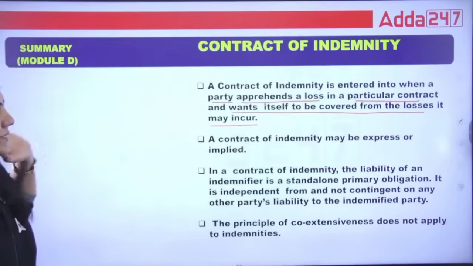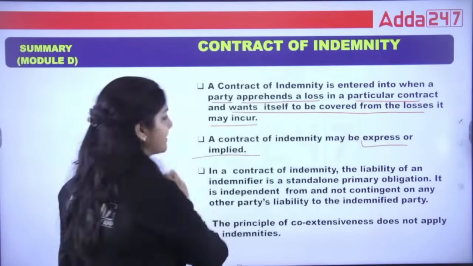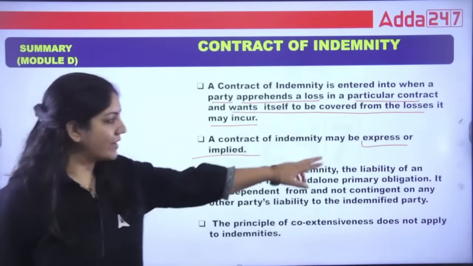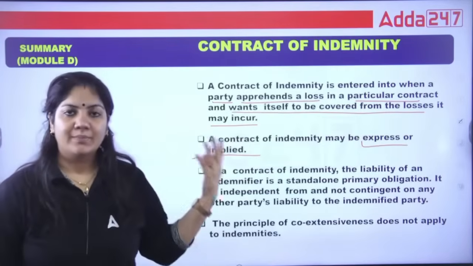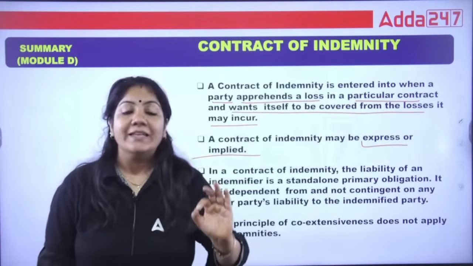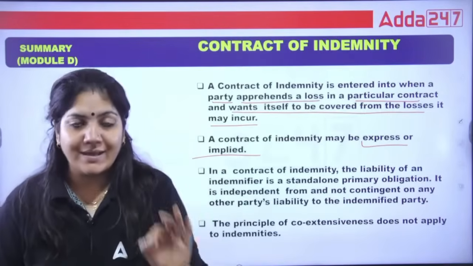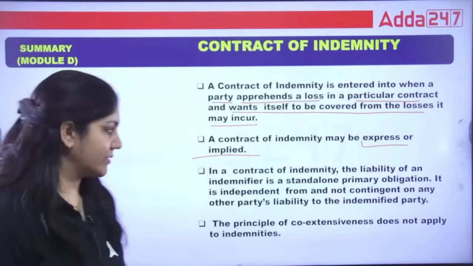This is called a contract of indemnity. The contract of indemnity may be express or implied. What is express? Written and oral, and implied means by way of act and conduct. Is that okay? If you feel any doubt in any line, in any word, please ask in the comment box. This is very important.